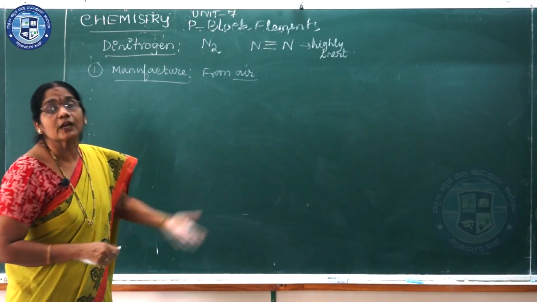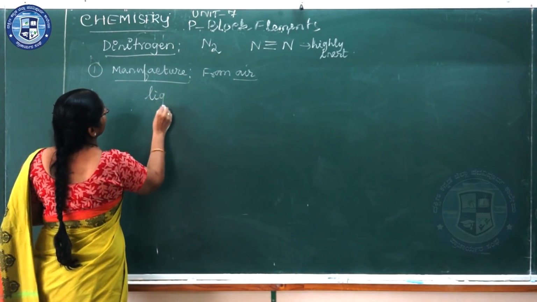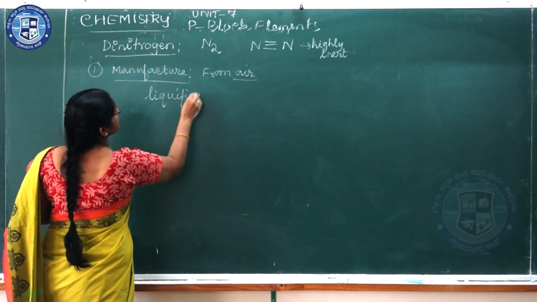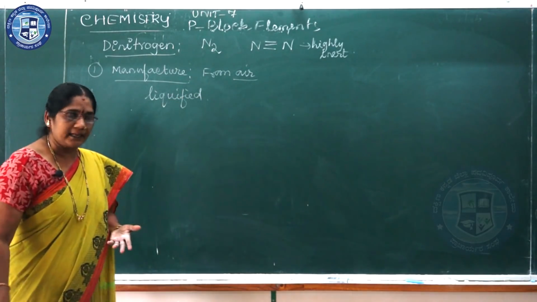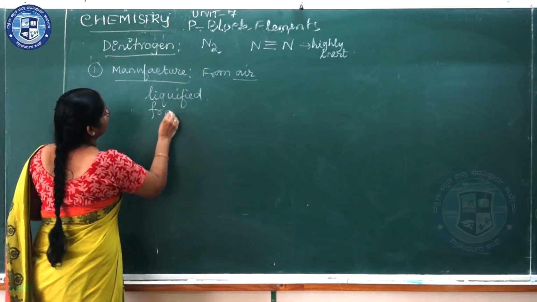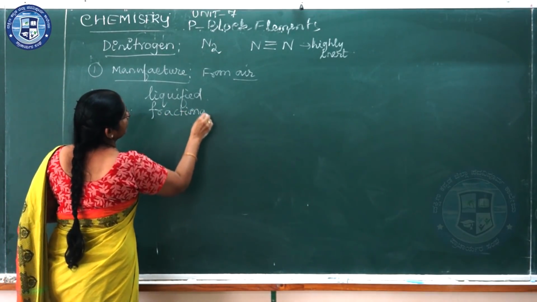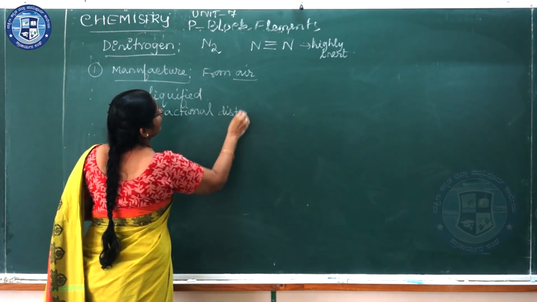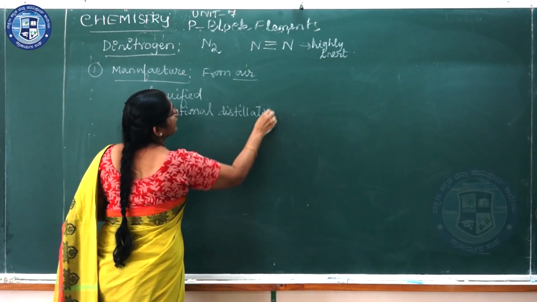Then it is liquefied at very low temperatures and then followed by fractional distillation. The temperature of the liquid air is slowly increased.